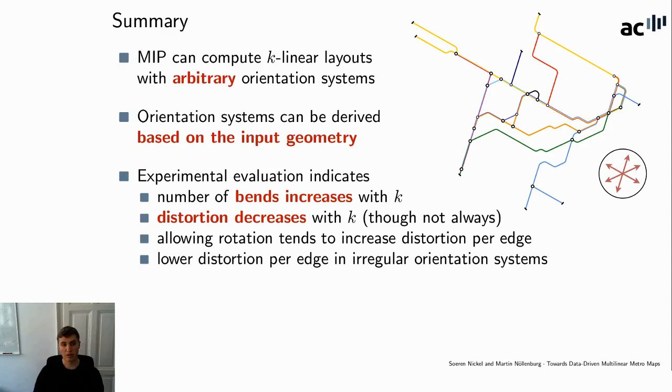Our experimental evaluation indicates that in general bends increase if one increases the linearity, and distortion decreases if one increases the linearity. And also overall we have seen that irregular systems tend to create metro maps with low overall distortion.